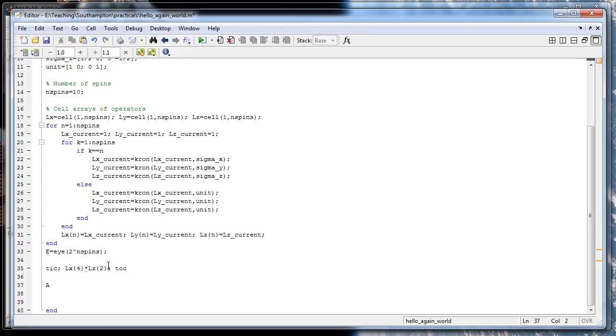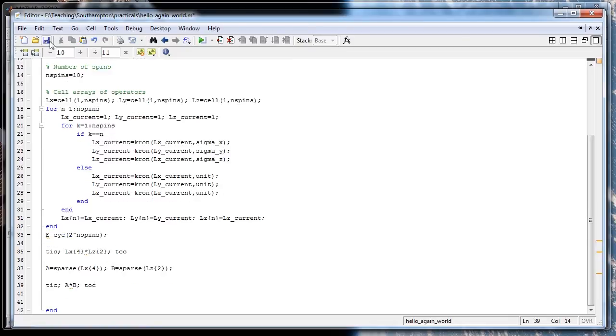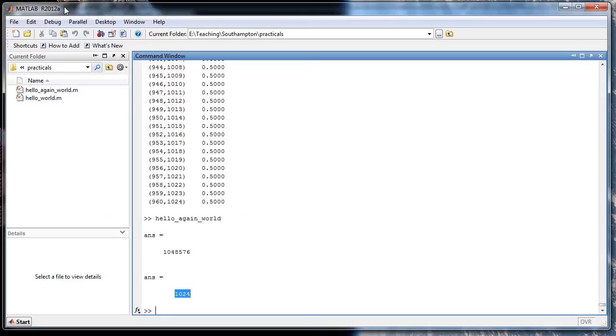So let's say, for a quick comparison, A will be sparse Lx 4, and then B will be sparse Lz 2, so same operators in both cases, and then tick A times B tock. And well, let's look at the timing.